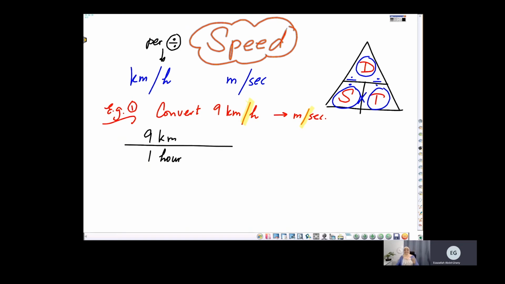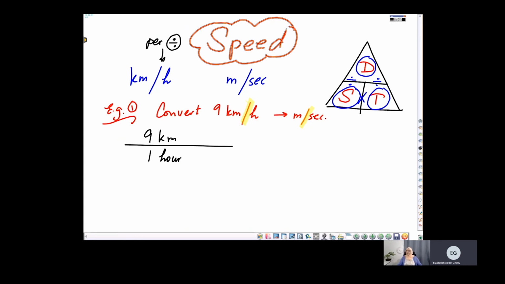This is the easiest and simplest way ever to convert speed, which is having a numerator and a denominator. Numerator is having distance. Denominator is having time. So this 9 kilometers, you need to convert it into meter. You remember kilometer to meter, 3 zeros, 2 zeros, 1 zero.